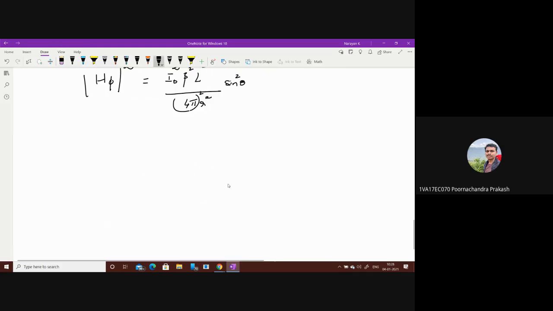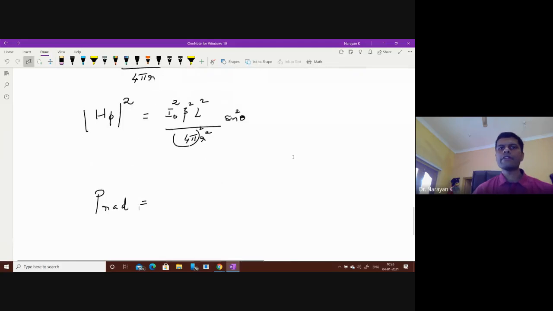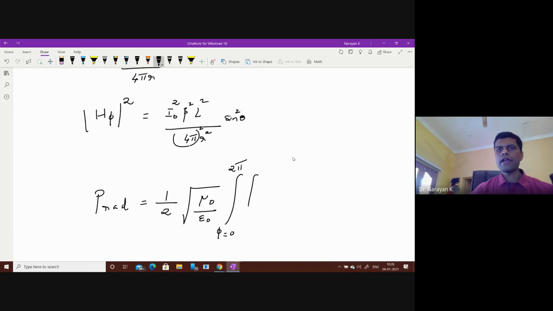So now power radiated will be half of square root of mu by epsilon naught, integration phi varying from 0 to 2 pi and theta varying from 0 to pi.